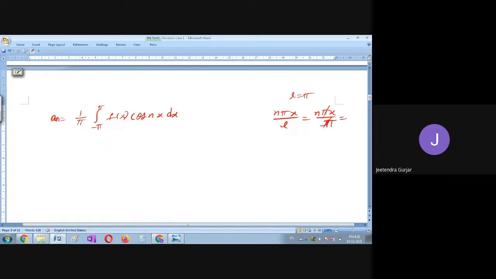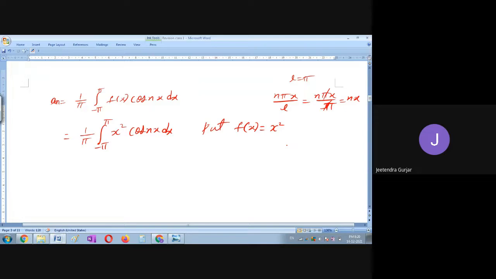Pi will get cancelled, this is nx. So I have taken here directly nx. Just substitute, this is equal to 1 upon pi integral minus pi to pi x square cos nx dx. Just put f of x is equal to x square. That's it. That's the work you have to do.